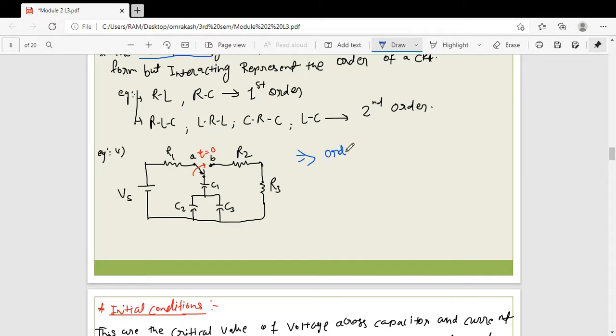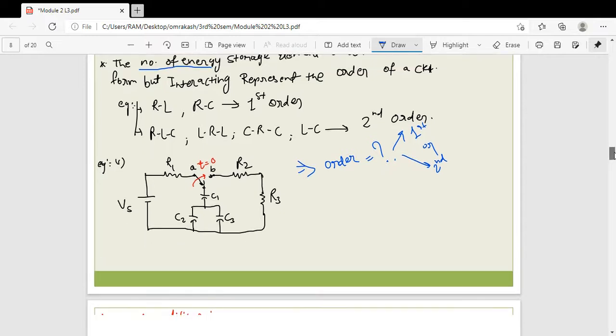What is the order of that circuit? Yes, guys, please comment.